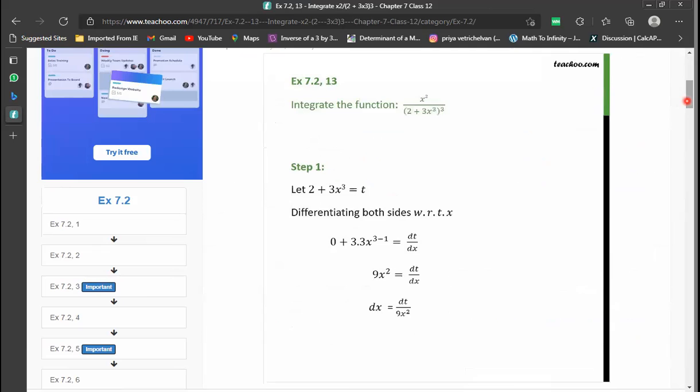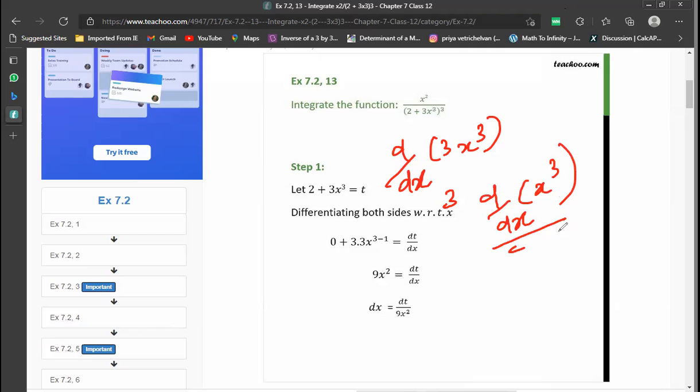x square upon 2 plus 3x cube the whole cube. So in this question, we are taking the denominator 2 plus 3x cube as t, and we are differentiating both the sides. And when you differentiate 3x cube, what is the differentiation of 3x cube? 9x square, isn't it? So you will take the 3 outside, it is in multiplication.